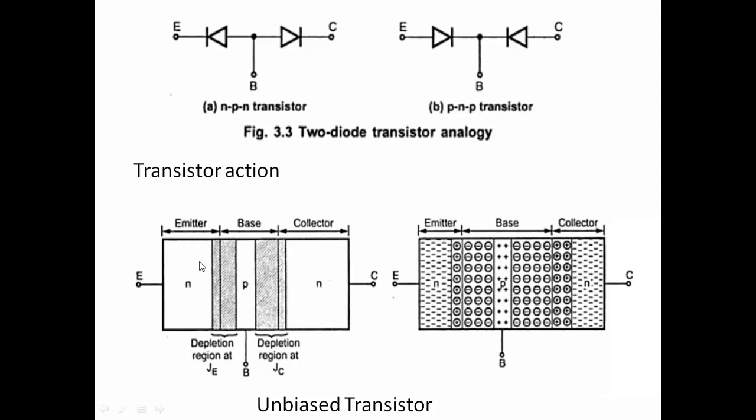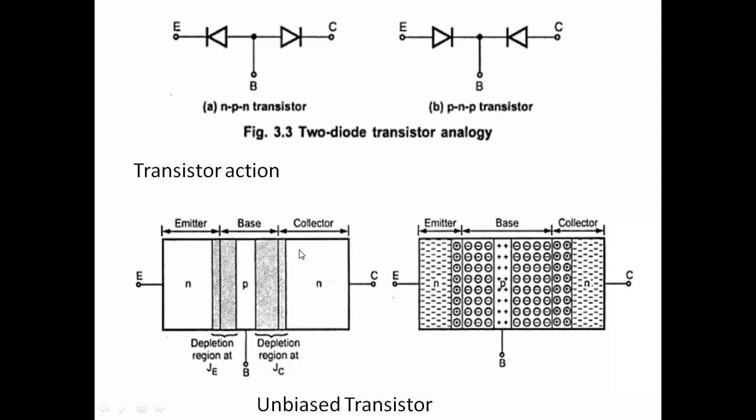The region between emitter and base is called the emitter base junction. Due to this combination, there is a formation of a depletion region. When we join the base region P and the collector region N, one junction will be formed between these two.